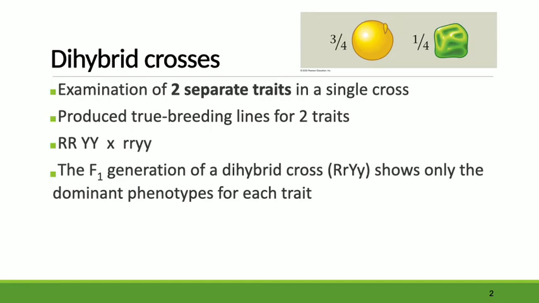So he determined that yellowness is dominant over green and round is dominant over the wrinkled shape. So the phenotype is that they looked yellow and round. However, their genotype, we now know, did have the information for how to make green and wrinkled. It's just that they were hidden or covered by the dominant traits of yellow and round.